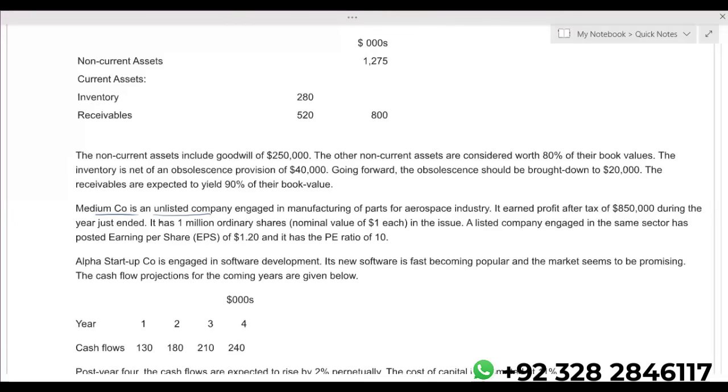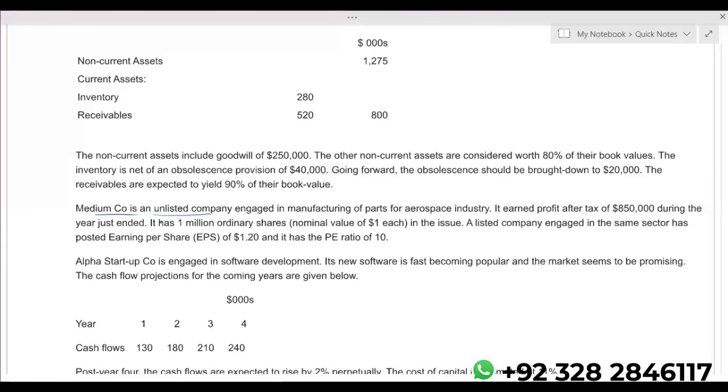We identify a similar size listed company, then we calculate P/E ratio for the listed company, then normally we adjust that P/E ratio for a private company. For a long question, you have to make an assumption. For example, you are taking 70% of the listed company's P/E ratio to utilize for the private company's P/E ratio. Or even you can use 2/3 of the listed company's P/E ratio to utilize for a private company.